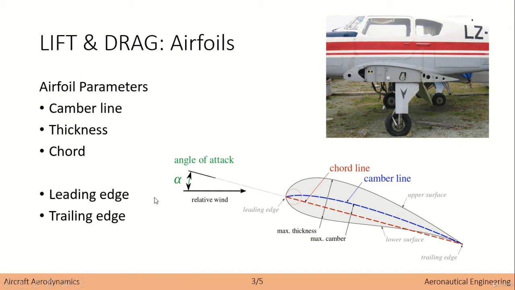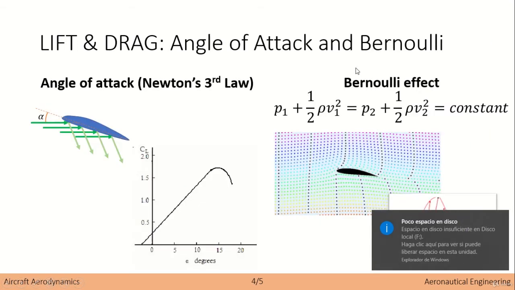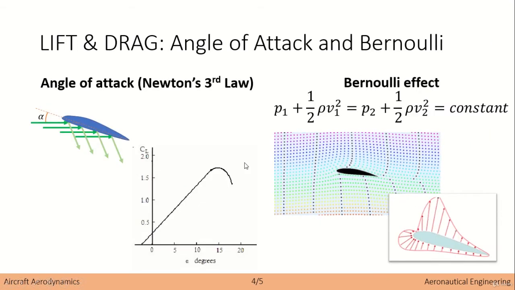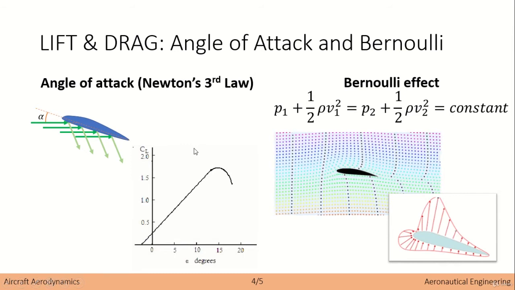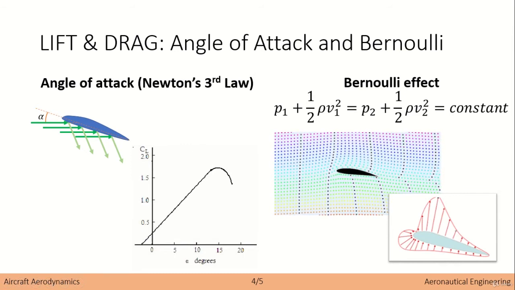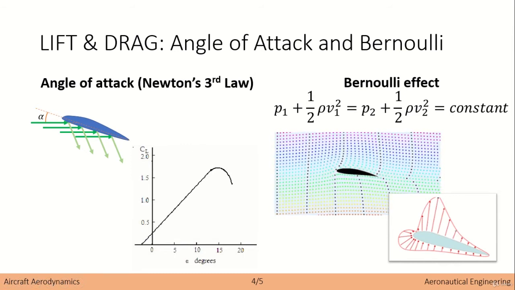This angle of attack is very famously known, and it is very important in designing the airfoil itself, right? So you can imagine that depending on the orientation of the aircraft, you will have one angle of attack or another.